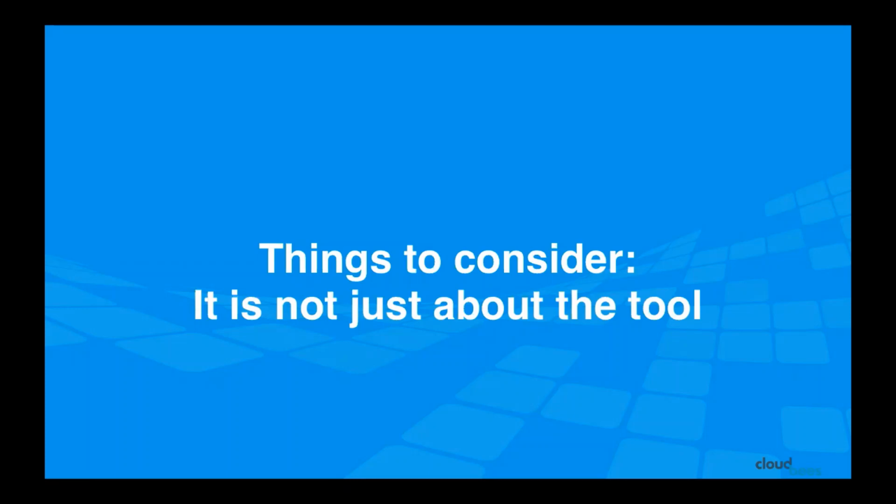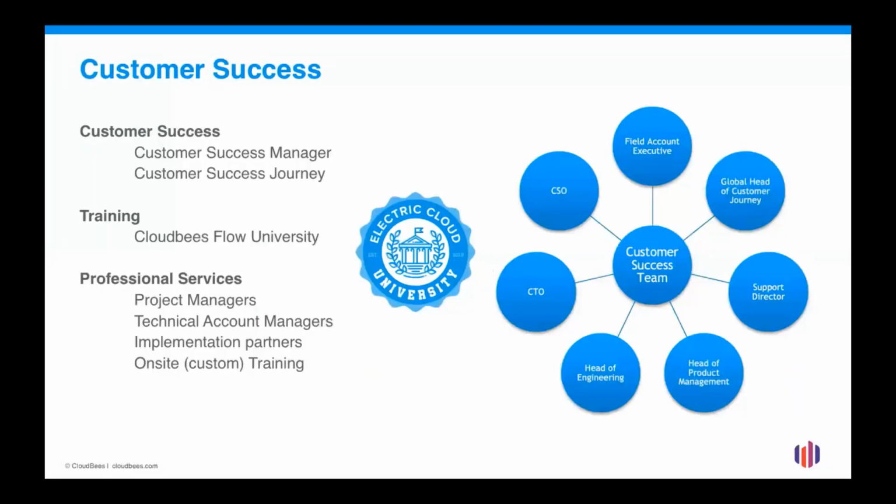Just to finish and to conclude, we've been talking about a definition, application release orchestration, an implementation in Flow, but it's not just about the tool. It's also about what we can deliver ourselves and with our partners within CloudBees in terms of customer success.